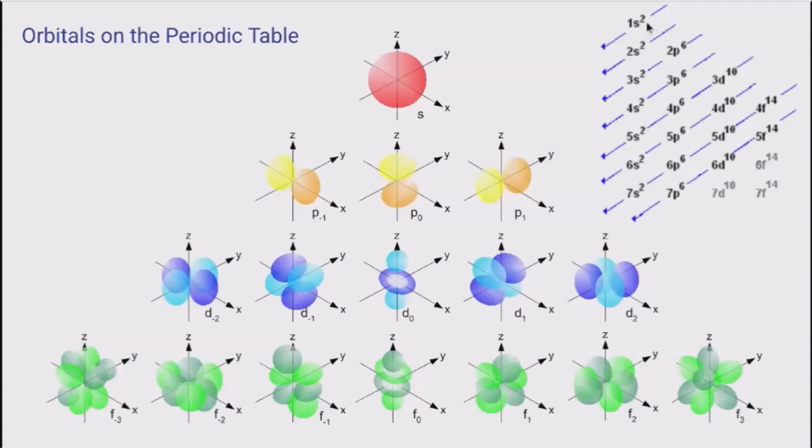So the 1s will be filled first, and then the 2s, and then it'll go to 2p6 and 3s2, etc. Just having this in the corner of your periodic table will help you when you get into those upper courses or chapters where they talk about how to fill orbitals. But for now, just remember the basics: s is the smallest orbital, p is a little bit further out, d is a little bit further out, and f is a little bit further out than that. And it'll fill these going from top to bottom.